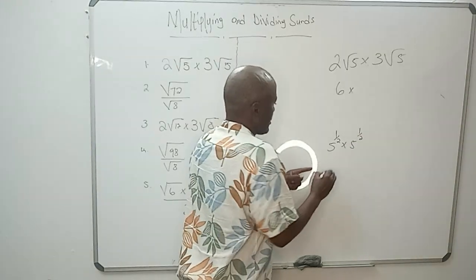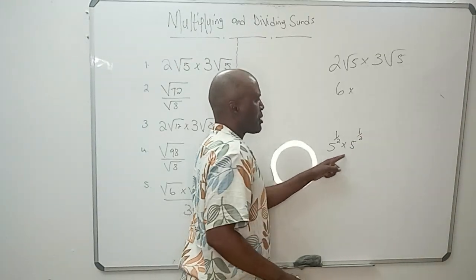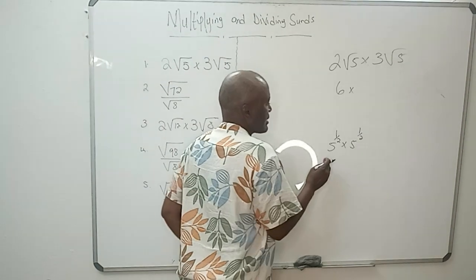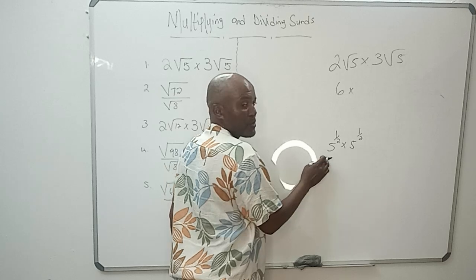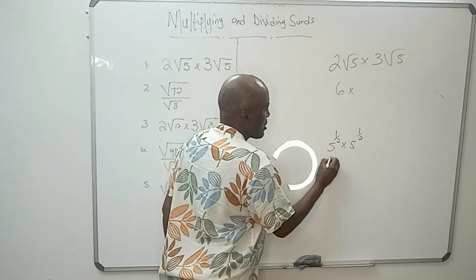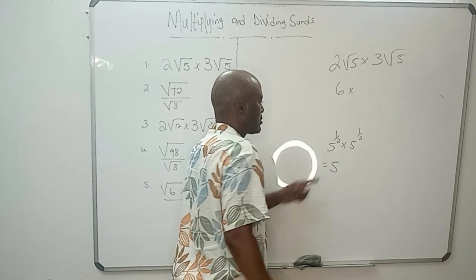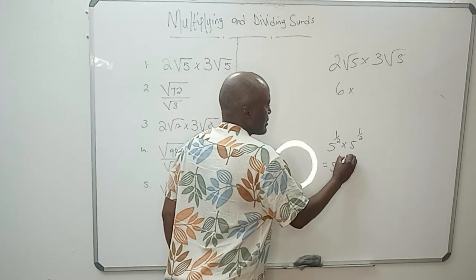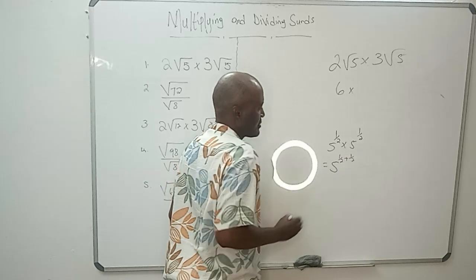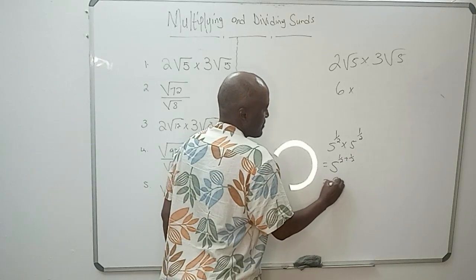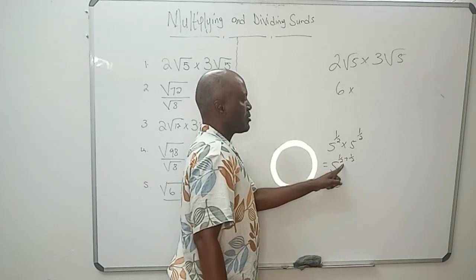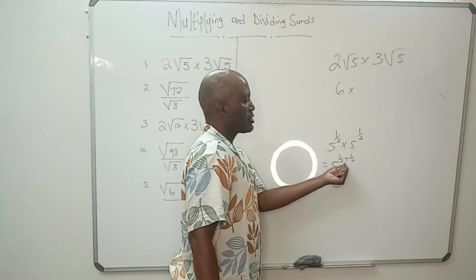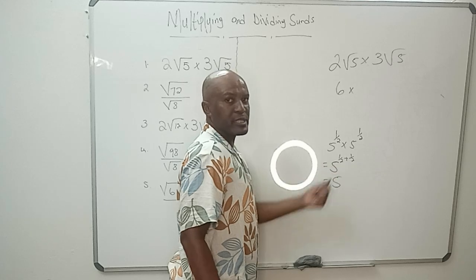Okay? Now, rule number 1 of the laws of exponents says, when multiplying exponents of the same base, we keep one base and add the exponents. So we keep the base, and here we are adding two fractions which have the same denominators.